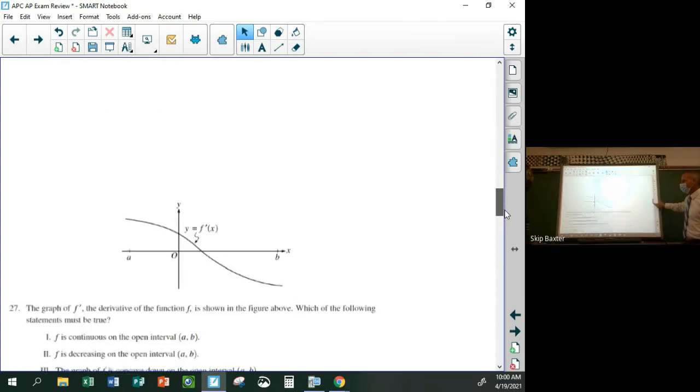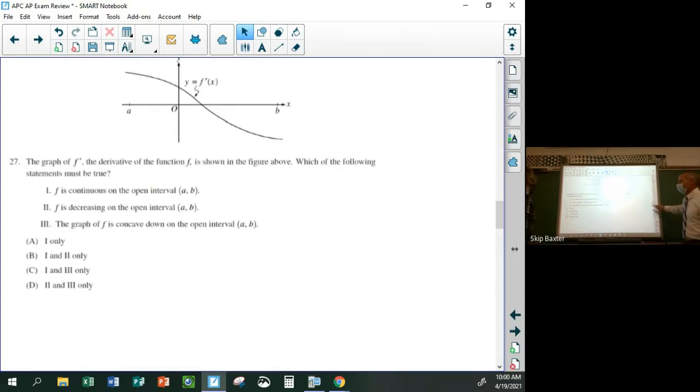Okay, here's 27. We have this graph of f prime, and it says which of the following statements must be true about f? One is obviously true, because if it's differentiable, it's continuous. Very good. Two is not true.